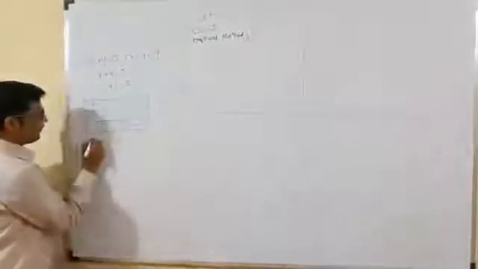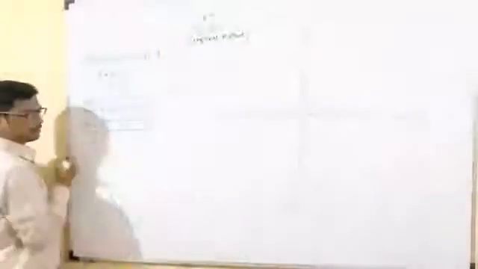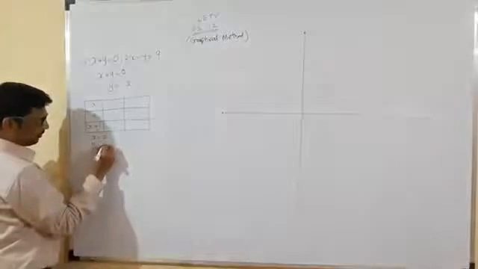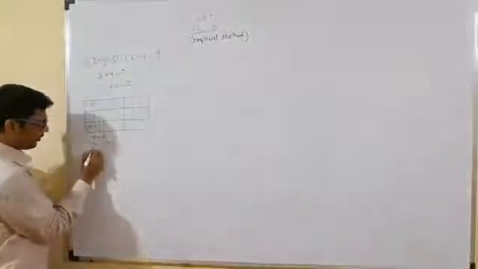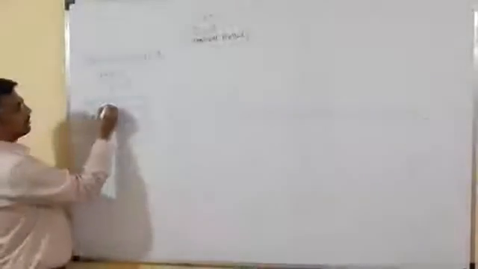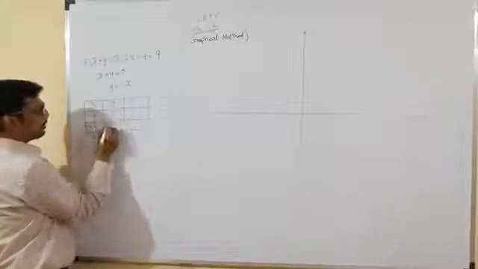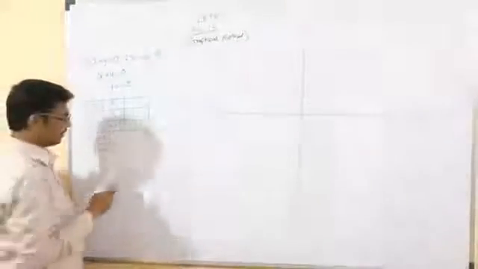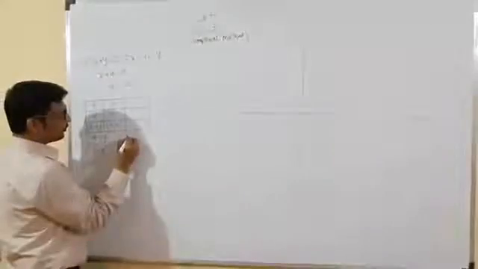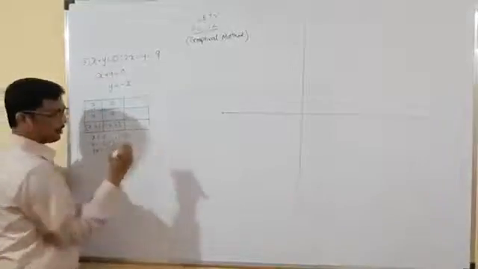First, let x be equal to 0. Then what will be the value of y? y is equal to minus x, and instead of x I write 0. So I got the value of y as 0. When x is 0, y is also 0, therefore my point is 0 comma 0. Now I am going to assume x is equal to 1.